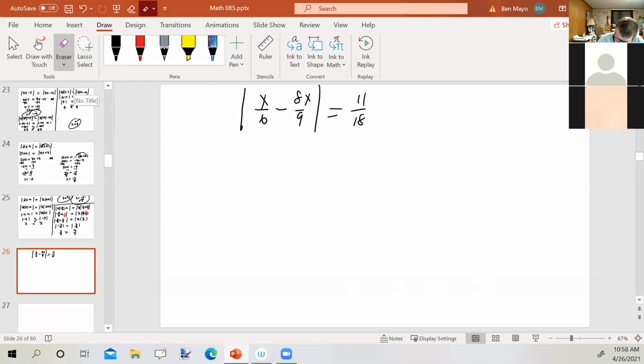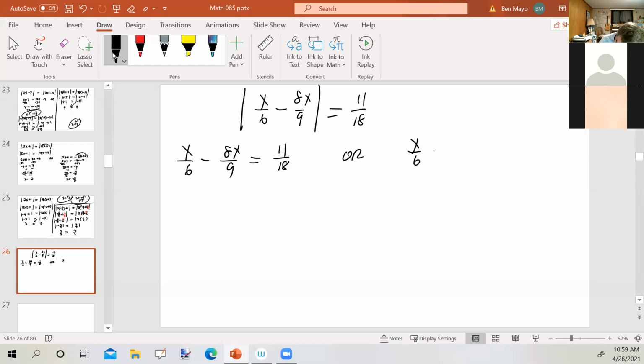All right, so now let's see. x over 6 minus 8x over 9 equals 11/18, or x over 6 minus 8x over 9 equals the opposite of 11/18.